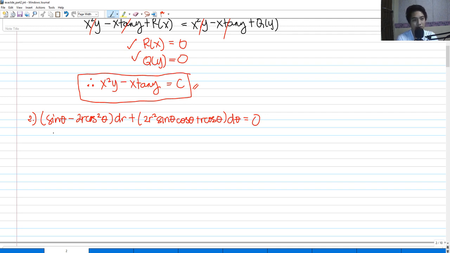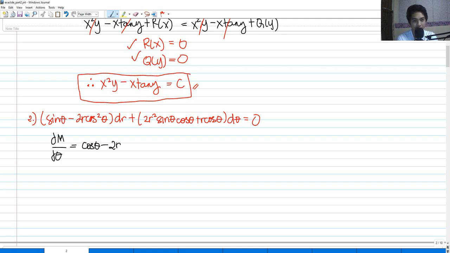So the test for exactness would be the partial of m with respect to dy in our formula. In this case, our dy will be d theta because we have a change in variable. So we're going to differentiate this in terms of theta. So sine theta would become cosine theta, minus 2r. This 2r is considered as constant because we are differentiating in terms of theta.